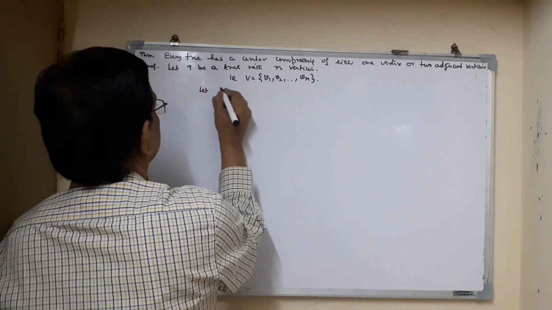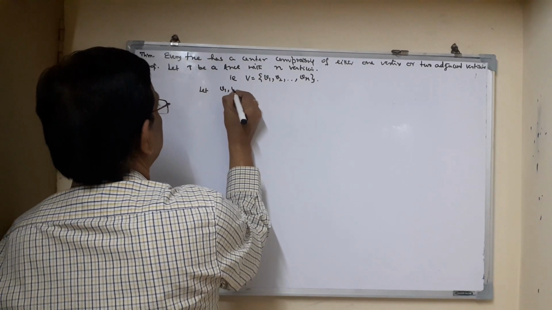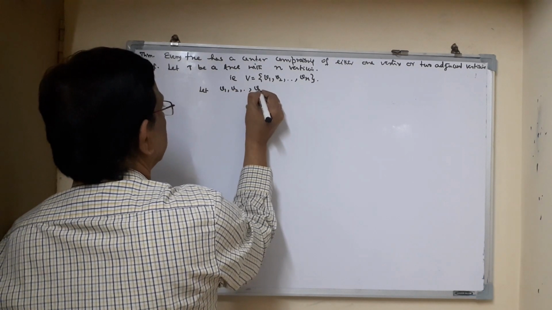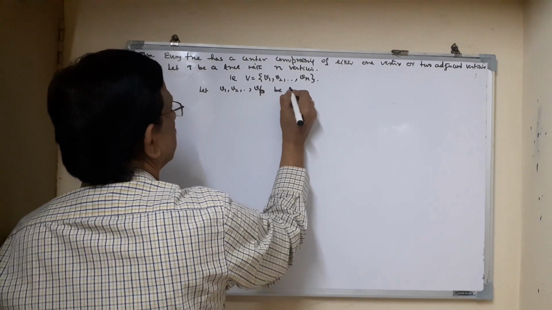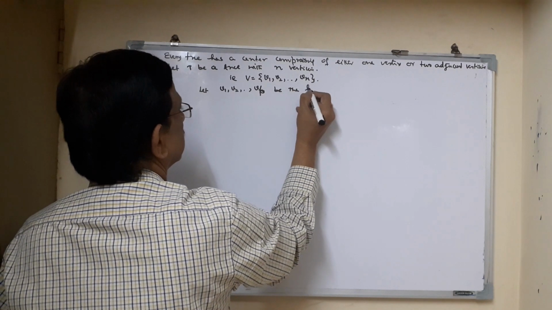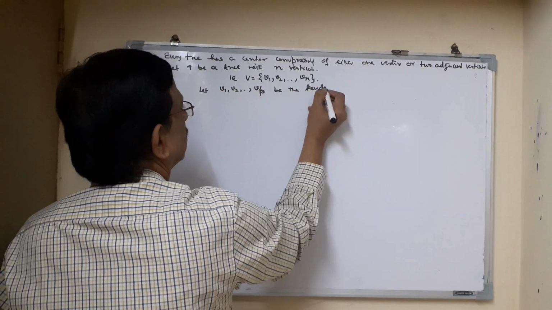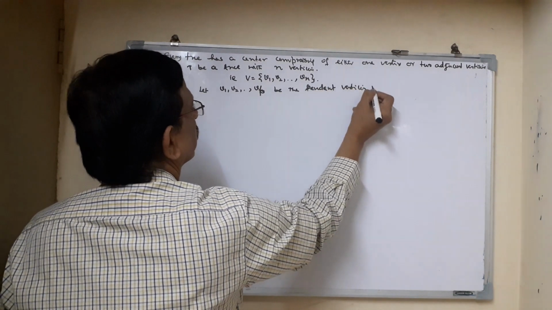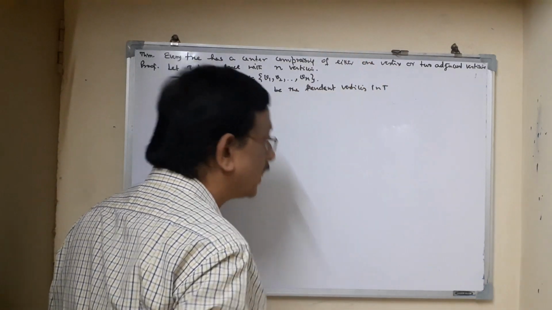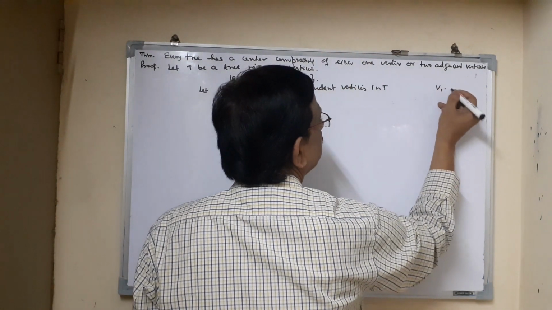Let V1, V2, ..., VP be the pendant vertices in T. So I have V1, V2, ..., Vn.